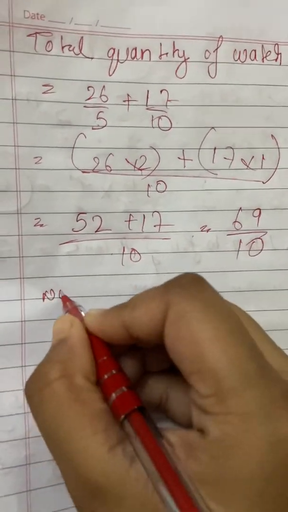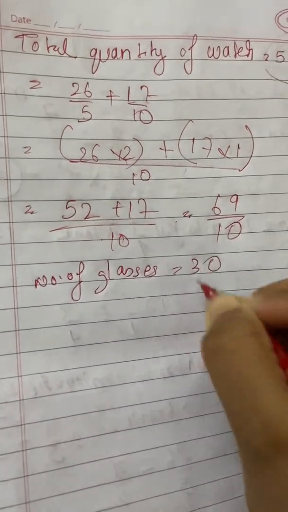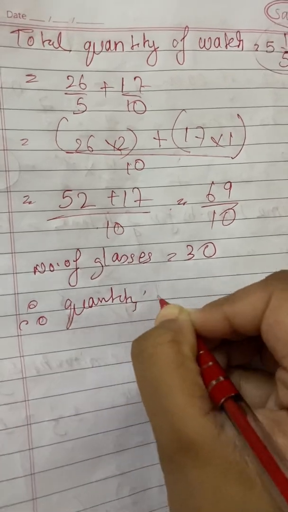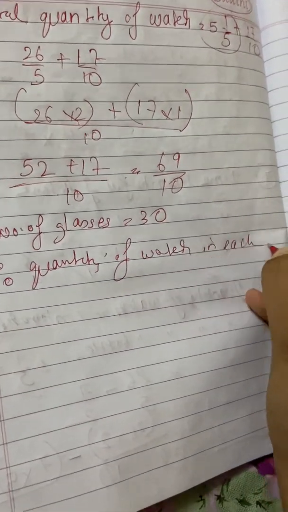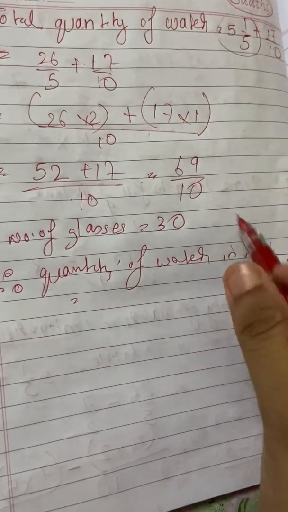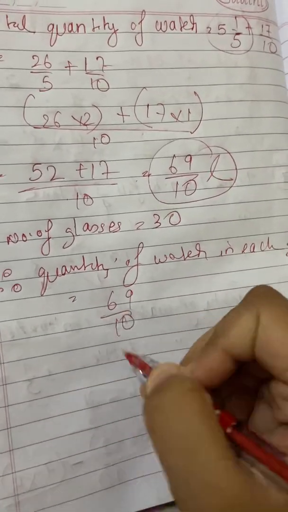Now how many glasses are there? Number of glasses equals 30. Therefore, quantity of water in each glass equals, what is the total quantity? 69 by 10 liter.